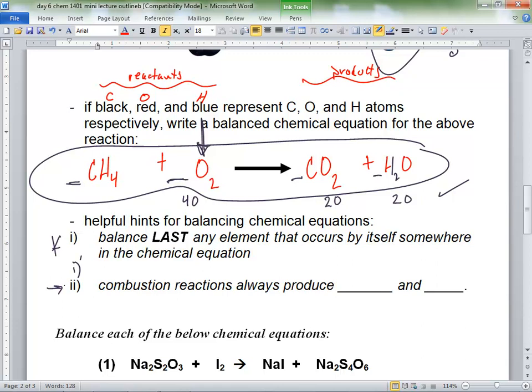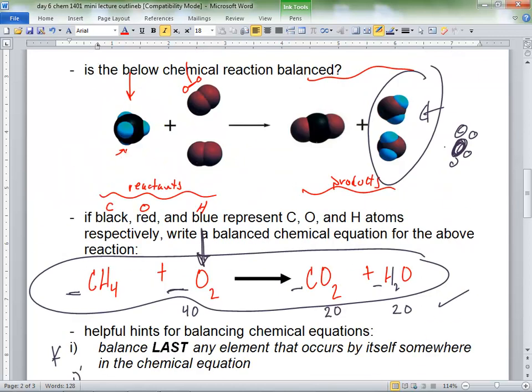Okay. And then combustion reactions always produce something and something. So as reactants, as products, if something's burning, you always get this and this. Does somebody know what it is? It's actually this is a combustion reaction.